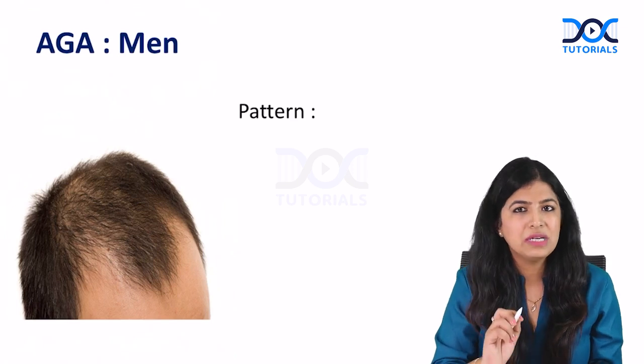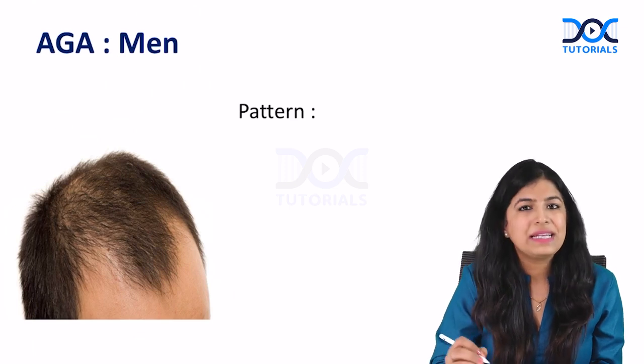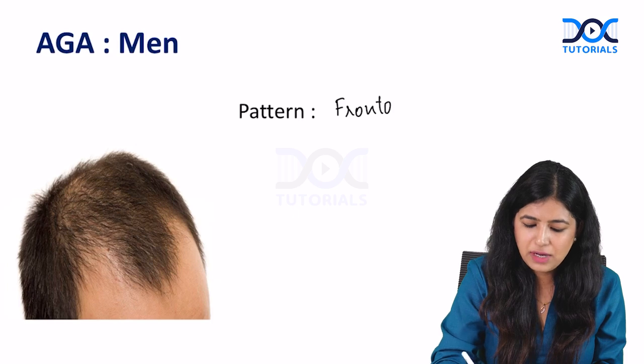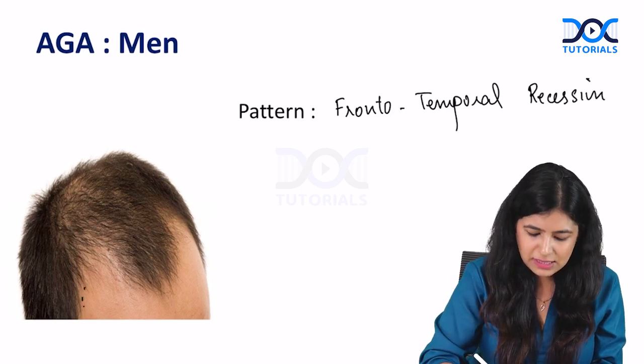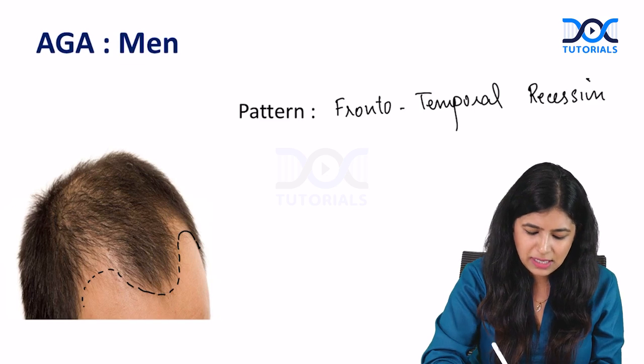Now let us come to the clinical features. In the men, where does it start? So it starts from the frontotemporal area. So the first thing that you see is a frontotemporal recession. This is the temporal and the frontal recession that you see in these patients.